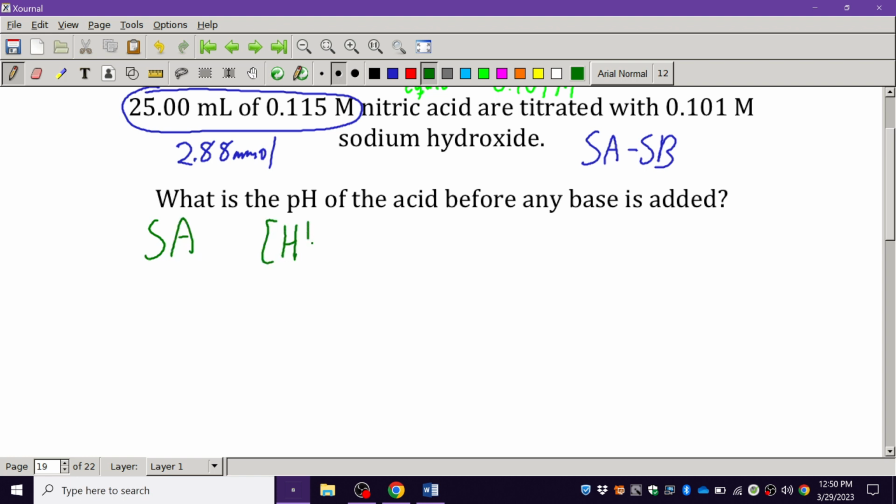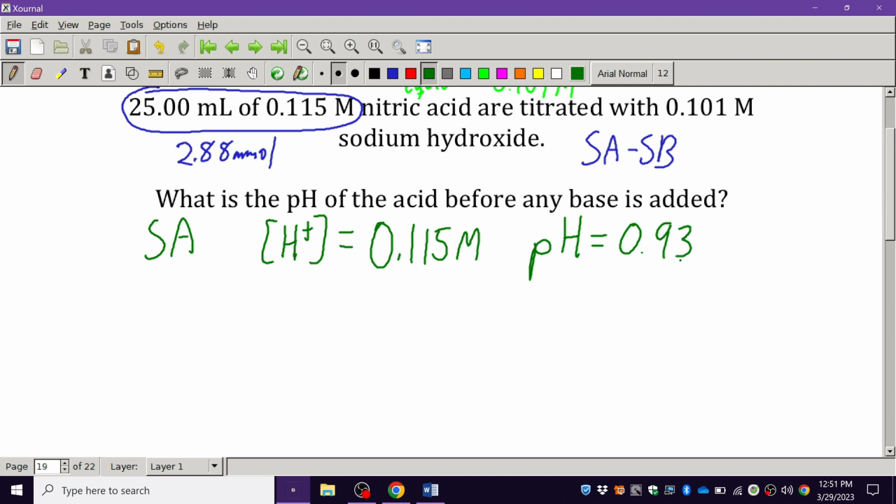This is a strong acid, so the concentration of hydrogen ion is going to be the same as the concentration of the strong acid, unless you have sulfuric acid, of course. What's the pH of the solution? 0.939.